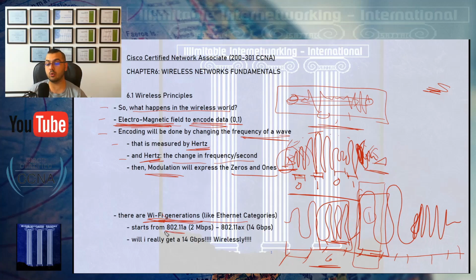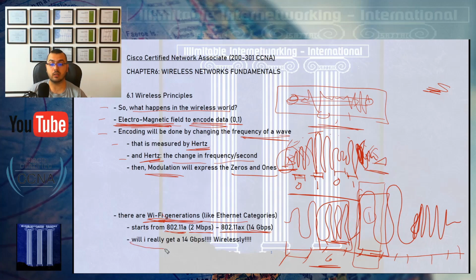Here we have 802.11 something. 802.11a is the first generation, which carries 2 megabit per second for each frequency sent from point A to point B, while the latest generation, which should have been released right now in 2020, is the 802.11ax, which carries 14 gigabit per second wirelessly.